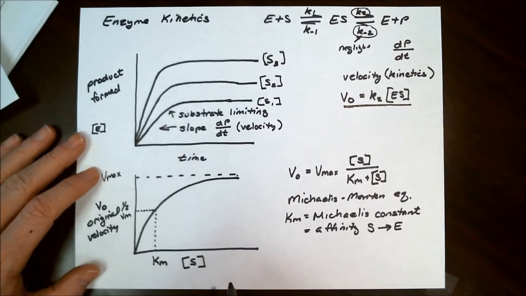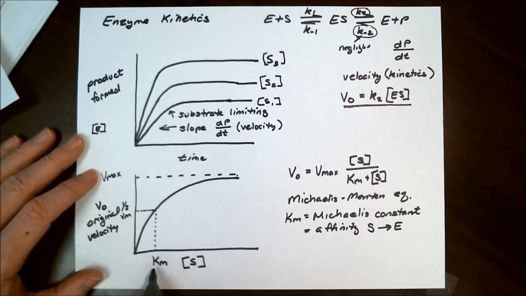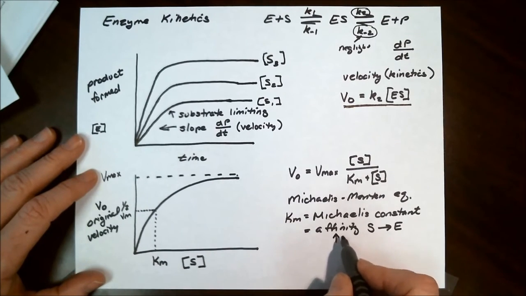So Vmax is an important determination of an enzyme's properties. The other important feature about 1/2 Vmax, deriving the Km, is that Km is affinity.